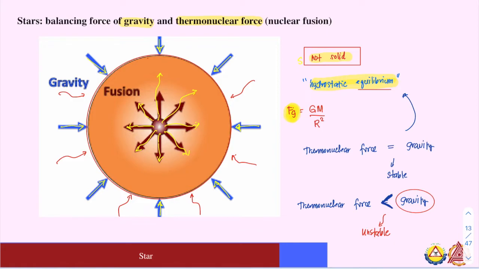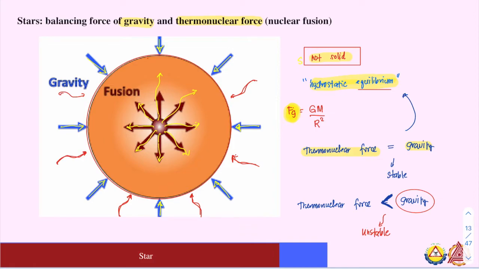Now, again answering the question, what keeps the star in balance and stable is the balance of your thermonuclear force, which is a byproduct of the nuclear fusion occurring in its core, and the gravity that is trying to compress the star because of its mass. As you can see illustrated here in red, the lines are the representation of the force of gravity that is trying to compress the very large mass of your star.